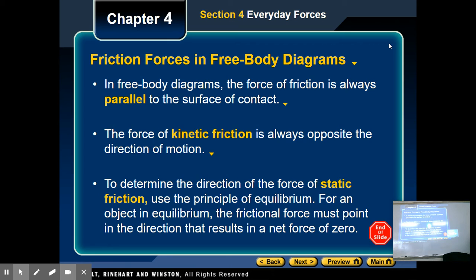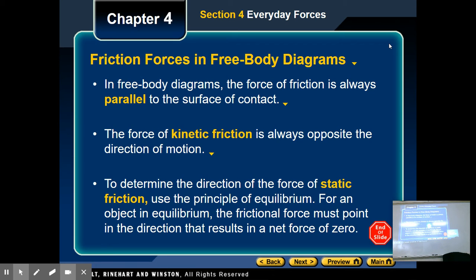When we talk about frictional forces, we can incorporate free body diagrams again. In those free body diagrams, the force of friction is always parallel to the surface of contact. And the force of kinetic friction is always opposite the direction of motion. So, as I'm pushing the podium towards the back of the room, which direction is the kinetic friction acting?